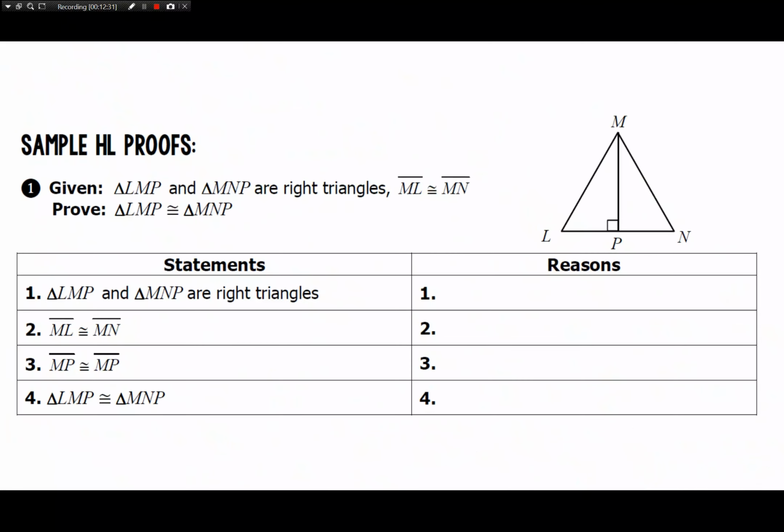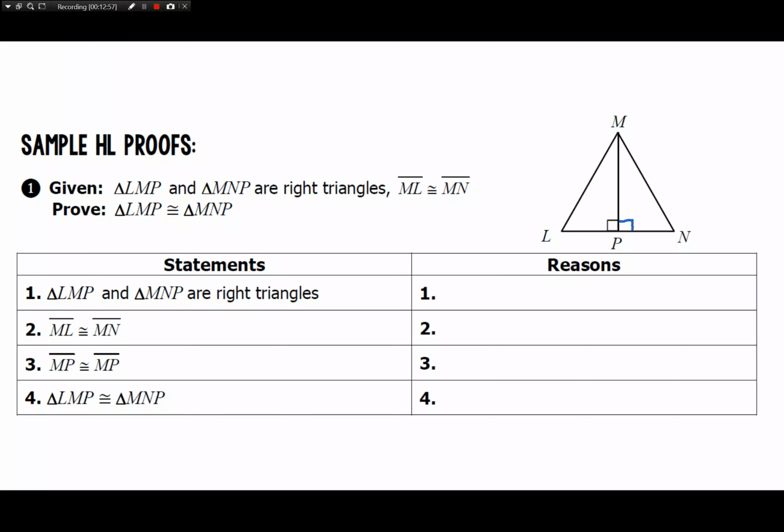So looking at example 1 here, we're given that triangle LMP and triangle MNP are right triangles, and that we have segment ML is congruent to segment MN. Alright, we're going to mark our pictures.